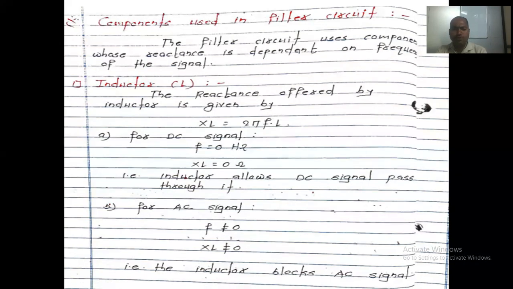So XL equals 2 pi F, and considering 50 hertz, 2 pi into 50 gives 100 pi, and L has some value. So XL has some value. Did you understand? Please tell me.